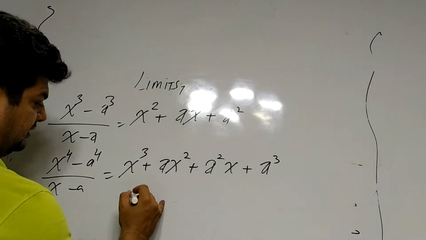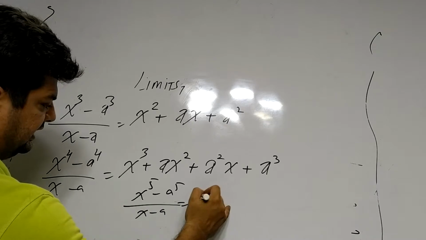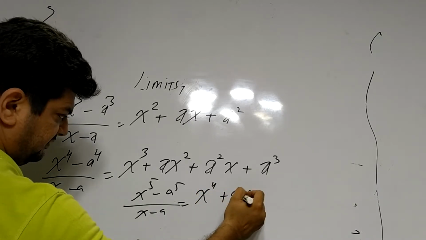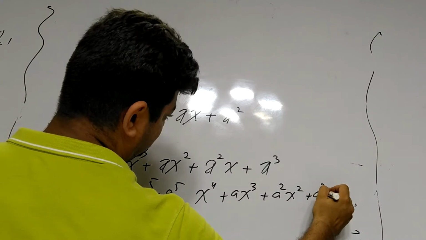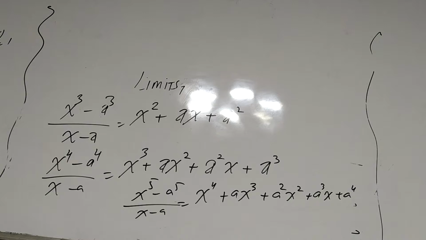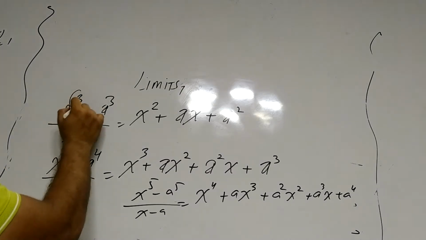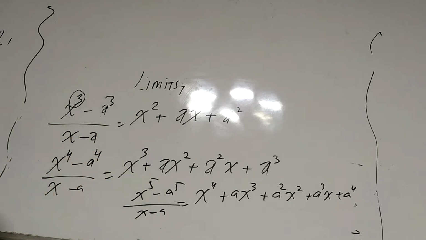So if you had x raised to 5 minus a raised to 5, over x minus a, you will be getting x raised to 4 for the first time, then first a with a lesser x, with 2 a's with a lesser x, with 3 a's with a lesser x, with 4 a's with no x. Right? So when I had a power 3, I started with a lesser x because I was trying to divide it.